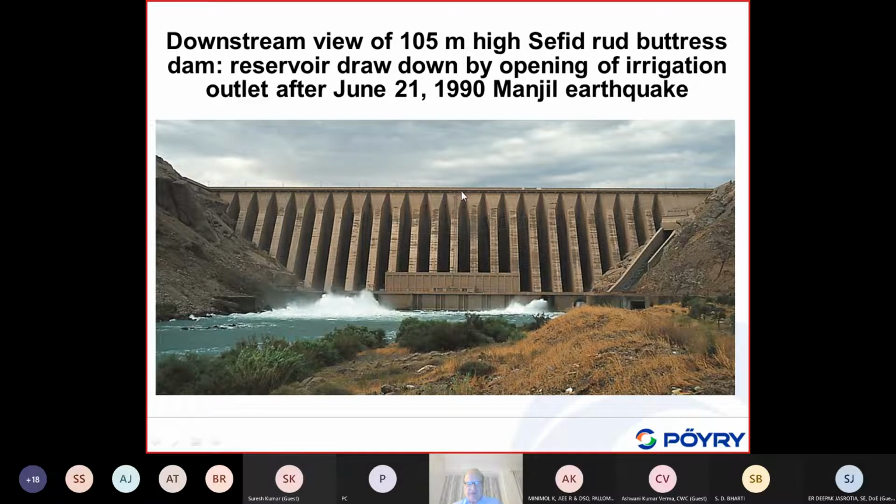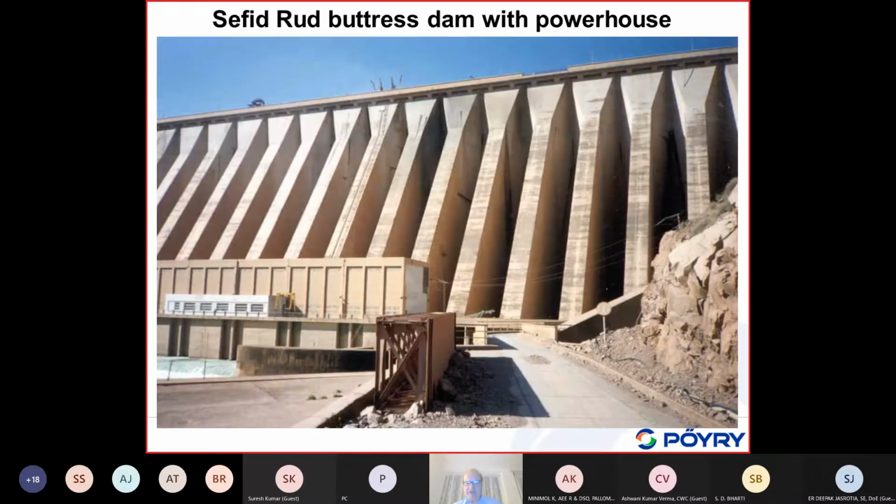The lowering was only done a little below the damaged zone, because the water in the reservoir is really needed there for irrigation, because most of the local rice in Iran is planted in this region, near the Caspian Sea. The other parts are not suitable for rice cultivation.